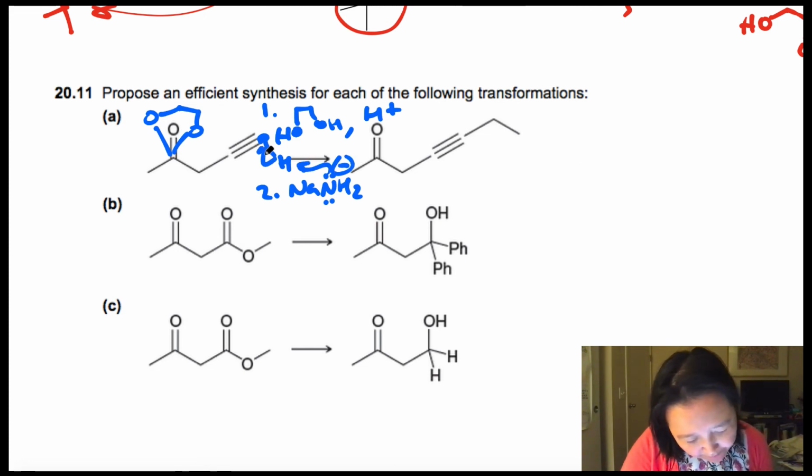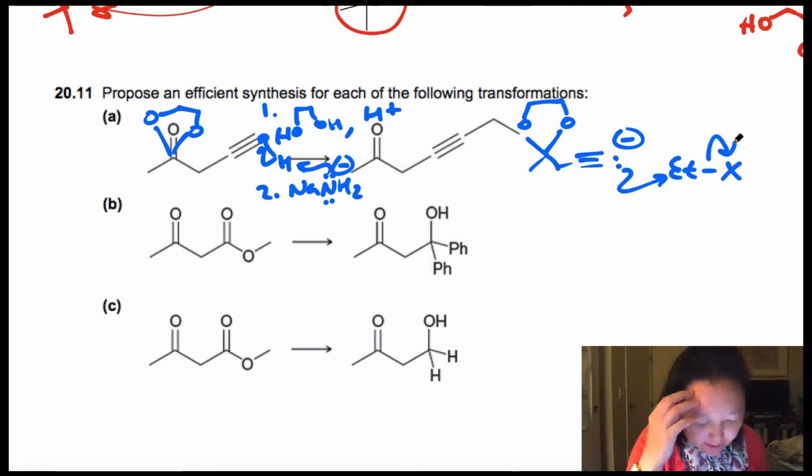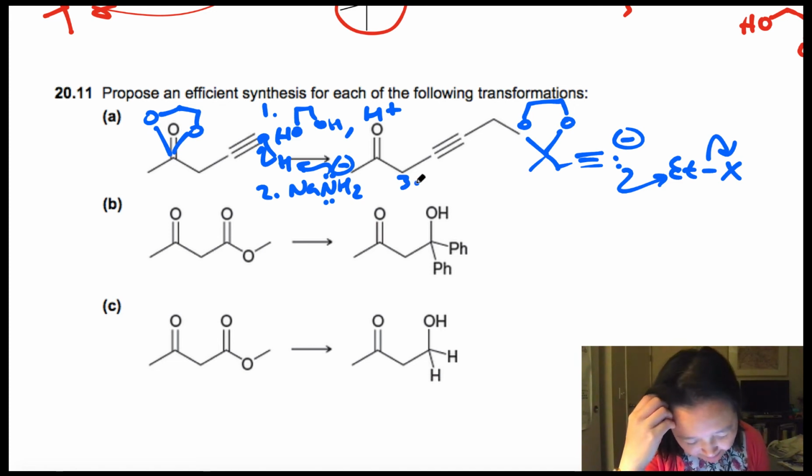Once you have the triple bond like that, the acetylide ion, and the rest of it, of course, looks like this. Once you have that, then the third step would be to get our ethyl group on there. Your choice of halide, but go with big if you can, bromide, iodide, something like that.